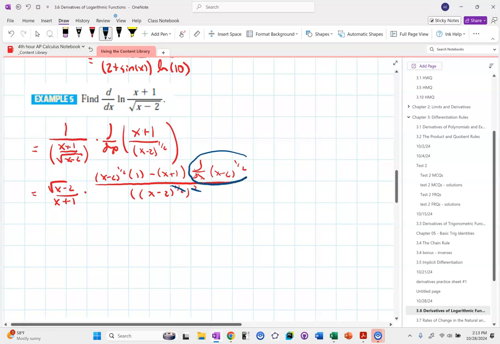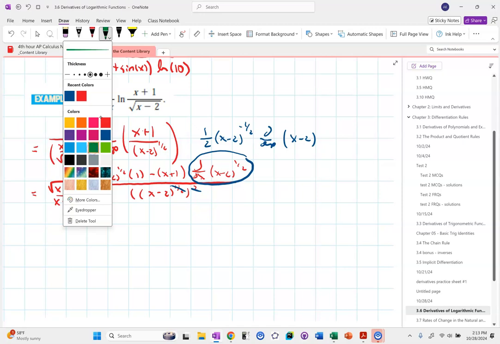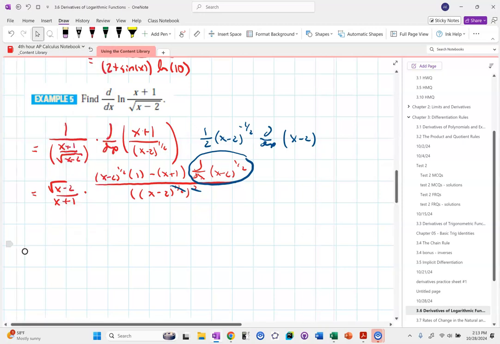So to do this, there's that. And what's the derivative of x minus 2, excuse me? Just 1, right? Okay.